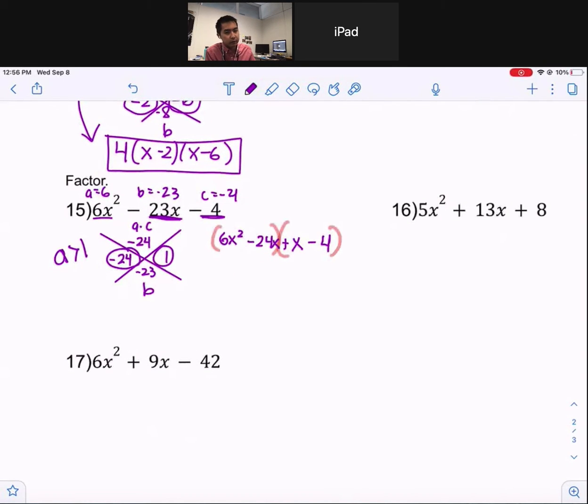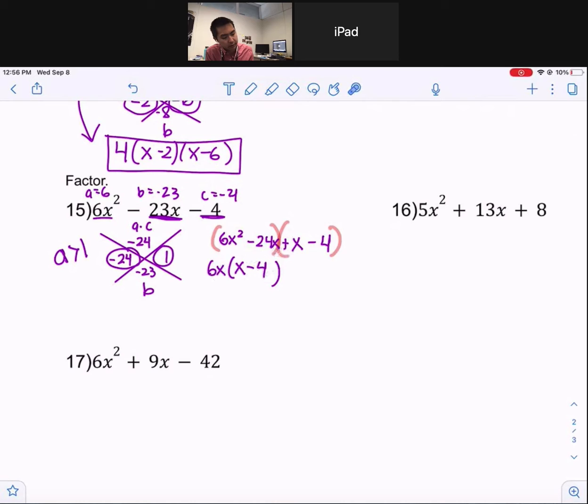Factor out a 6x from the first term. Right? And again, this is a reminder what you can factor out. 6 divided by 6 is 1. You took away an x from here, so just 1x. Negative 24, you guys, divided by 6 is negative 4, and you took away its x, right?